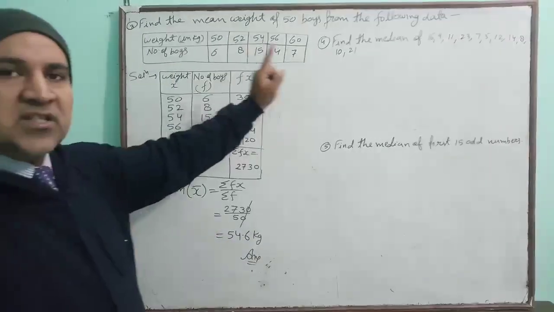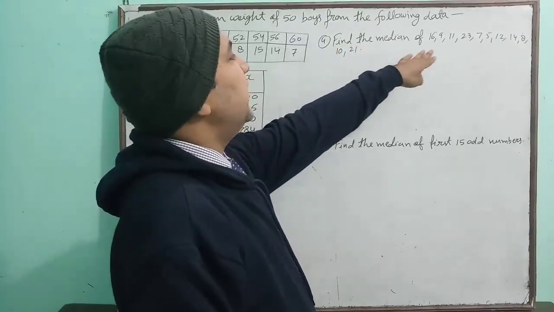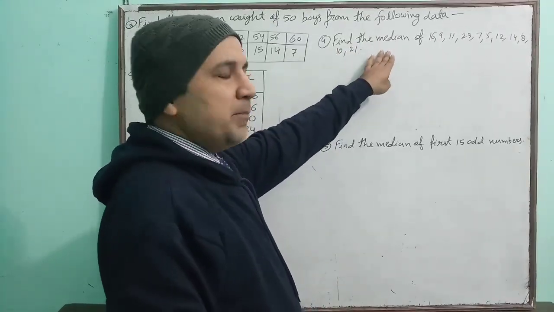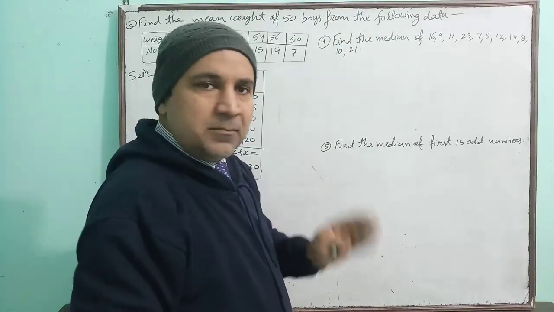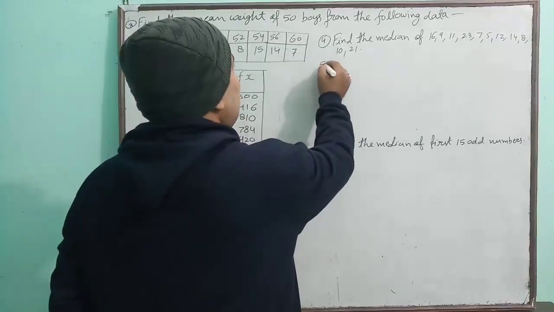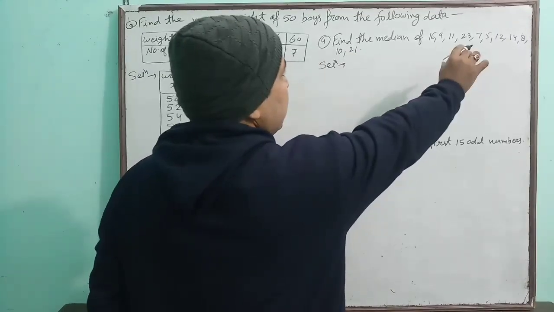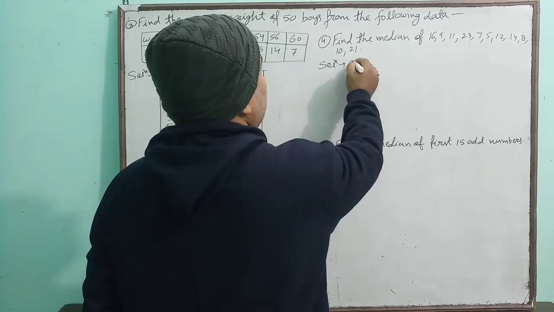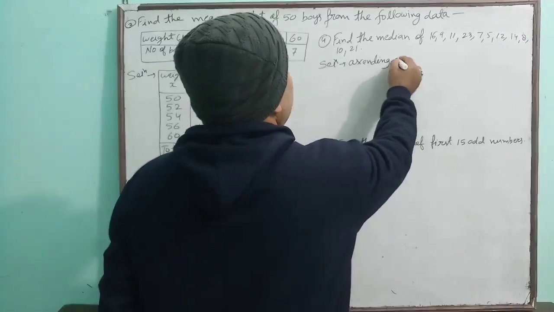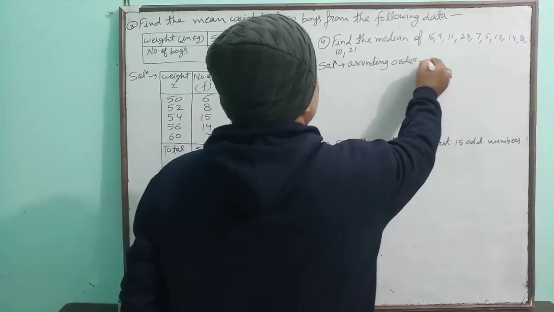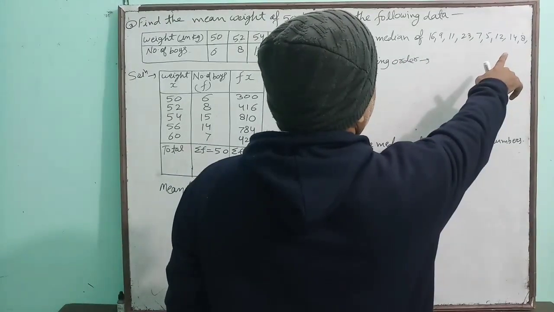Now see some questions on median. The first question is, find the median of this data. Children, median means middle term. So when you are going to find the median, first arrange this data in ascending order. So see, the smallest number is 8.